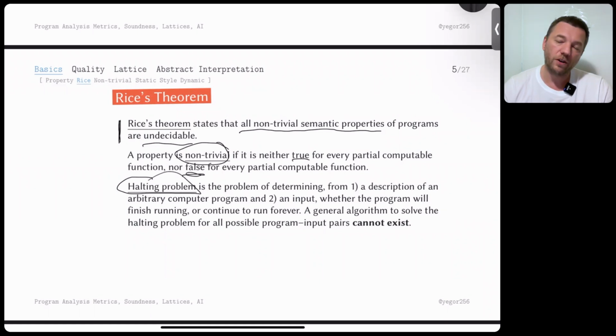So you cannot create such an algorithm, and pay attention, a general algorithm, which will take any program and say, okay, I know that this program will eventually stop, and this one will not. That is not possible, and because it is not possible, this theorem is also true: you cannot decide any non-trivial semantic property.